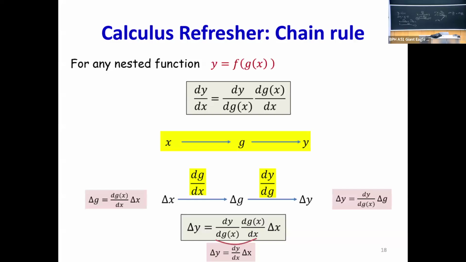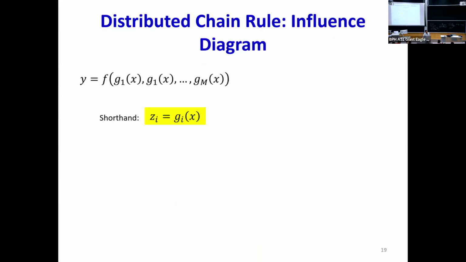So plugging the formula for delta g into the term on the right, you end up with the formula at the bottom, which says that delta y equals dy over dg times dg over dx times delta x. That means the derivative of y with respect to x is simply the product of the derivative of y with respect to g and the derivative of g with respect to x. This making sense to everybody? Very straightforward. We're going to use this picture again and again, so it's important that you get this, okay?